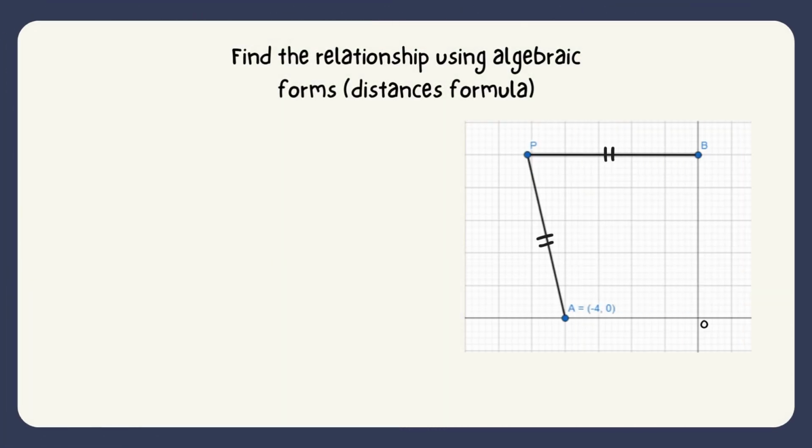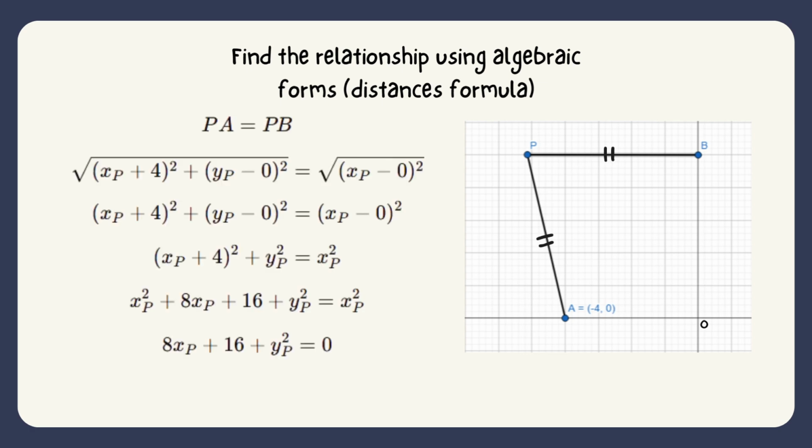Next, find the relationship using algebraic forms. PA equals PB. We use the distance formula: square root of ((xp plus 4) squared plus (yp minus 0) squared) equals square root of ((xp minus 0) squared).